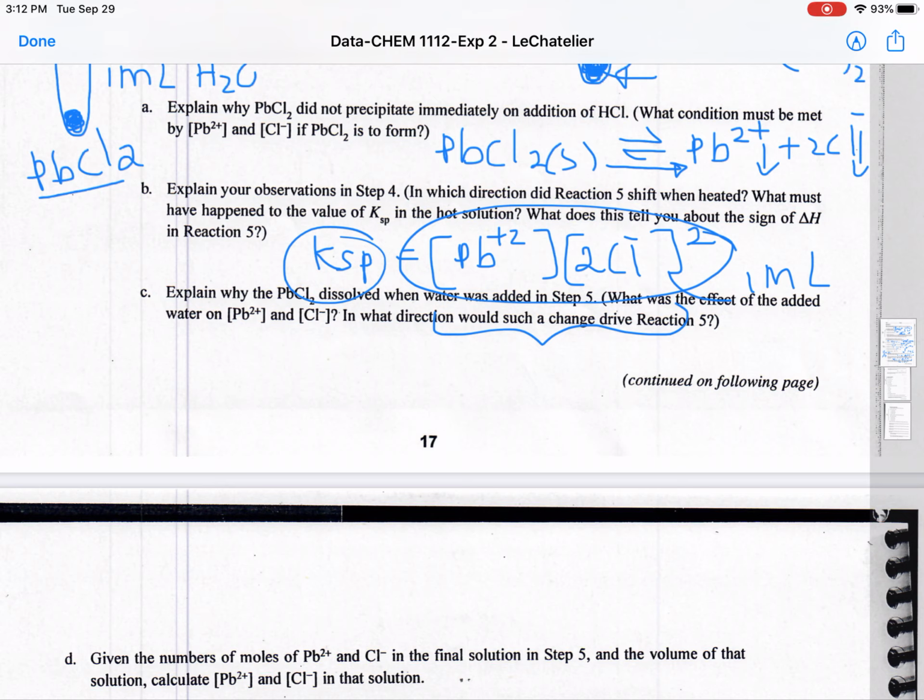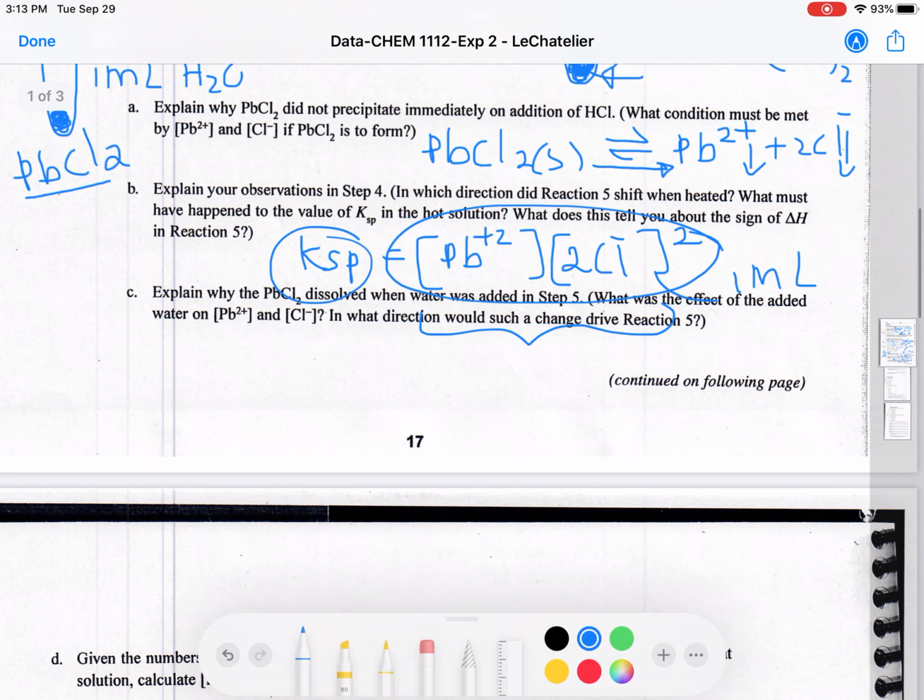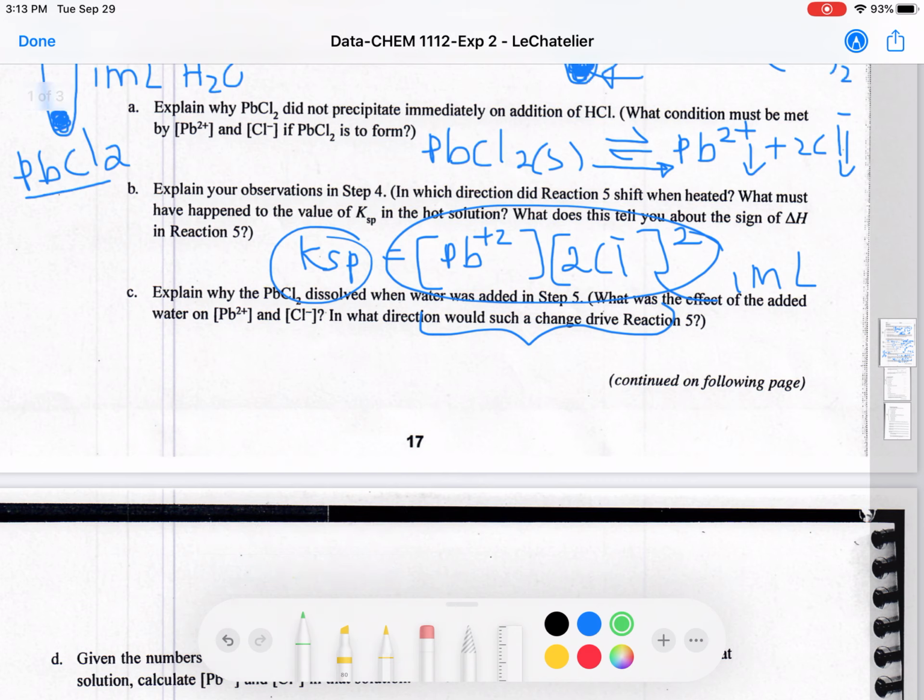Reaction 5 is the one that I just now wrote. So this is reaction 5. Okay, let's talk about here. Reaction 5. Explain your observation in step 4.